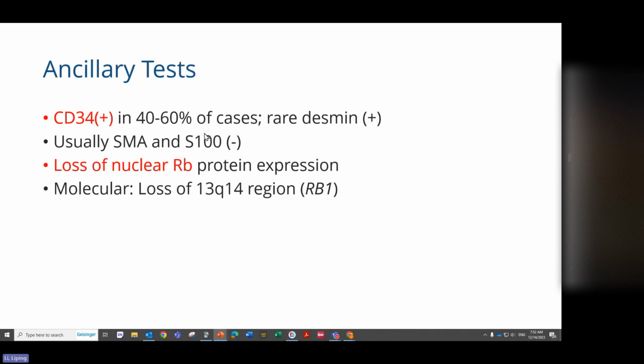And then for the immunostaining, which is really characteristic, this is one of the entities where we can see CD34 positive and loss of RB1. And we have at least another 3 entities with the characteristic CD34 positivity and loss of RB1.